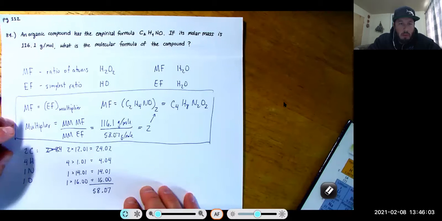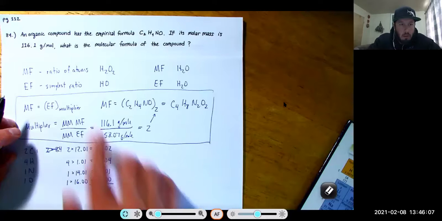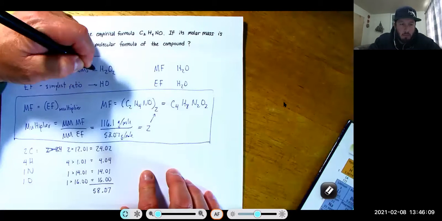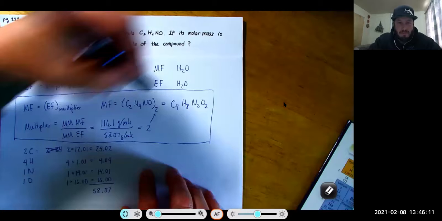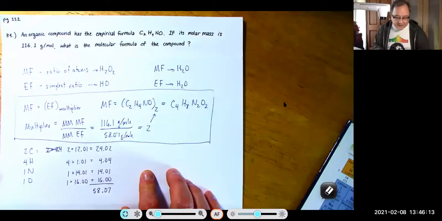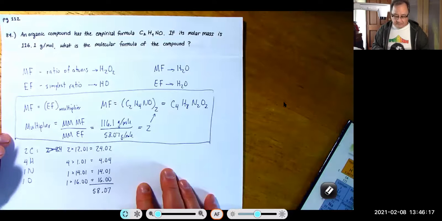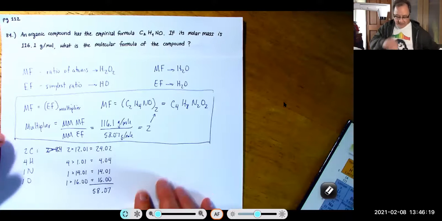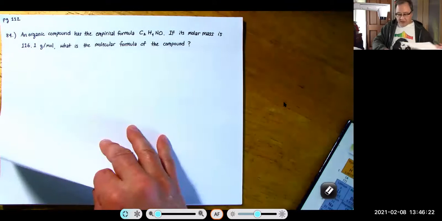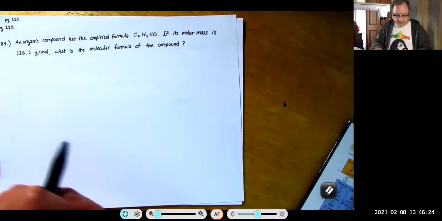I'm sorry, I got confused. I thought you were going across and you went down from the MF there to the EF. Yeah, okay. Never mind. So EF is empirical formula. Okay, so let's put that one off to the side and let's take a look at the next problem.